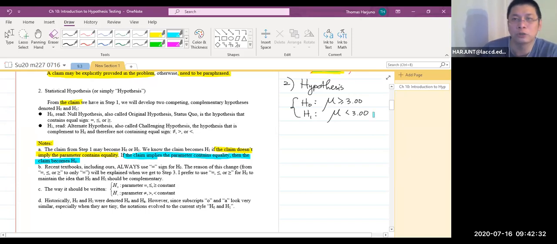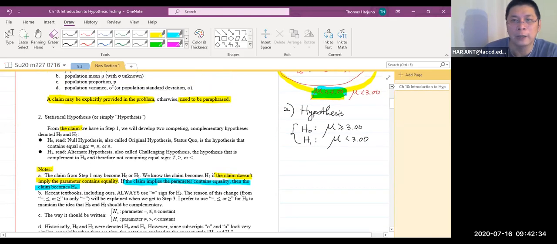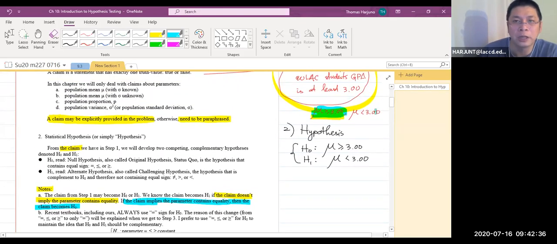Now, of course, you need to first, from that claim, develop these two competing hypotheses. Then from there, you decide the one with equal sign goes to null hypothesis. The one without equal sign will go to alternate hypothesis. And you will see in my class, these two signs will be complementary.